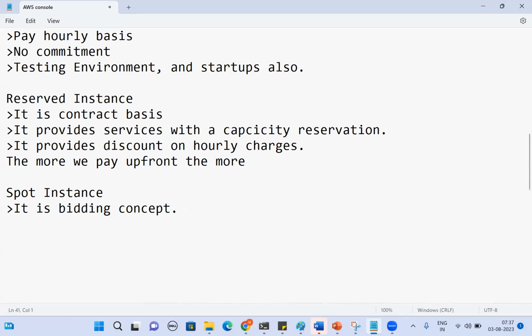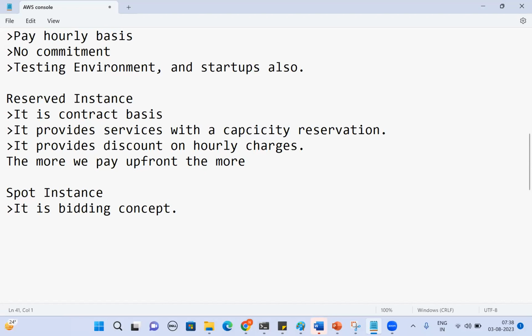As per the bidding values, AWS will provide the service to the user whose bid is better. Actually, the spot instance is a very expensive instance, so limited users use spot instances because it is totally bidding based. As per the quote, they will provide the EC2 instance.